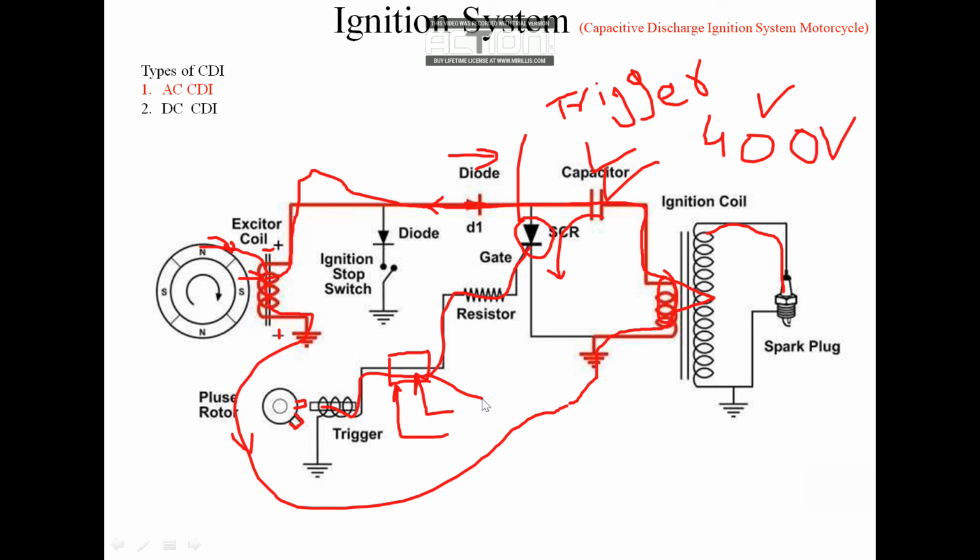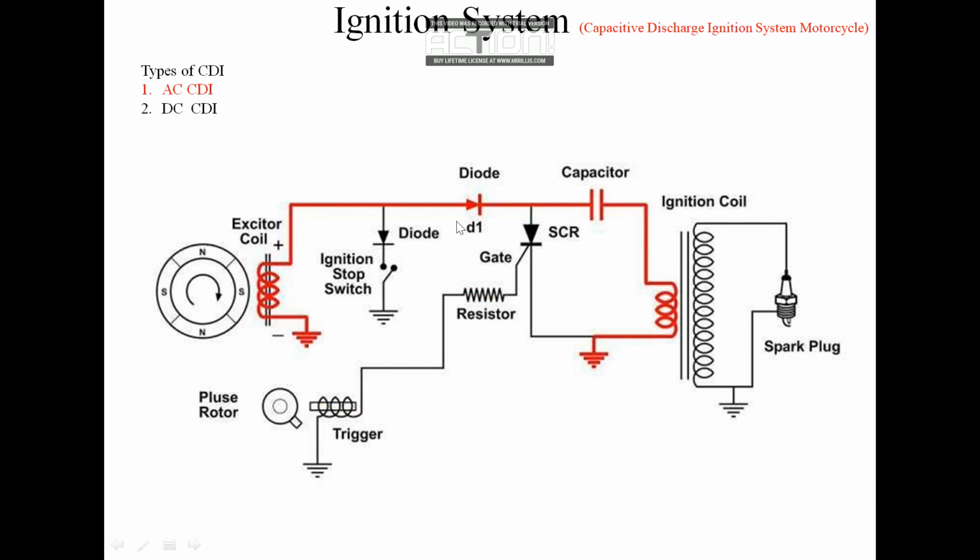In that way those CDIs become programmable. But right now, what is presented on the slide is our electronic CDI, which has only one electronic unit and one triggering unit. It does not have a number of input units and a processing unit. So this is an electronic CDI, AC type, which is powered by the AC generator.